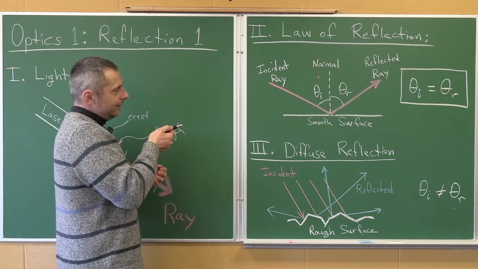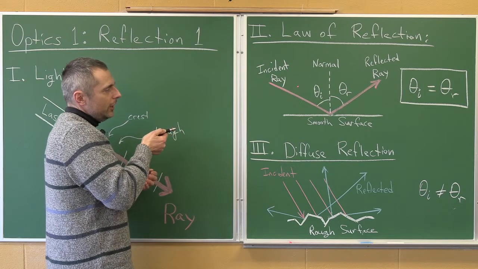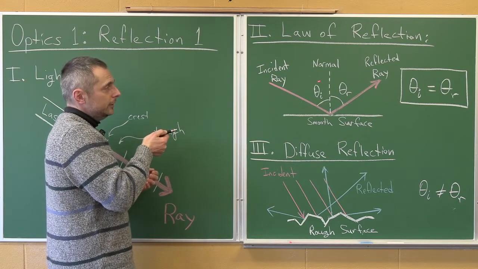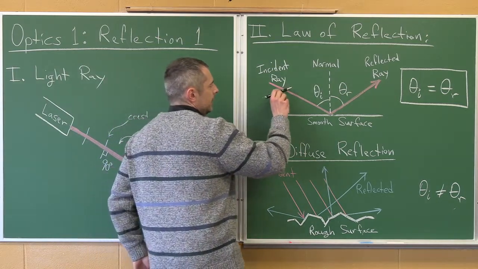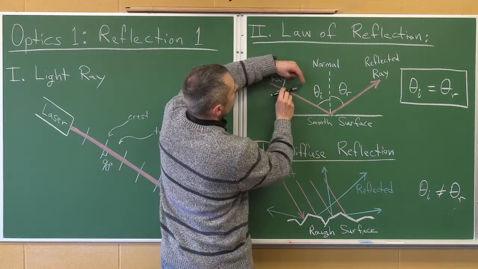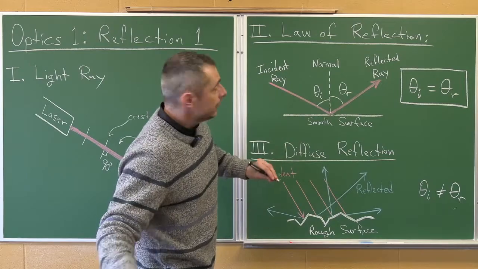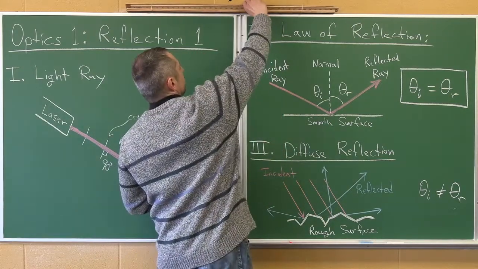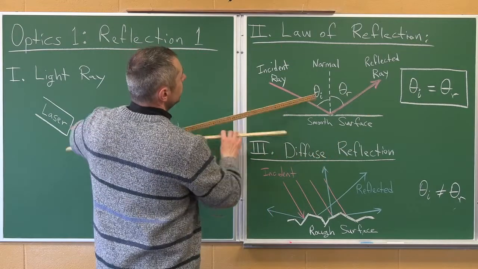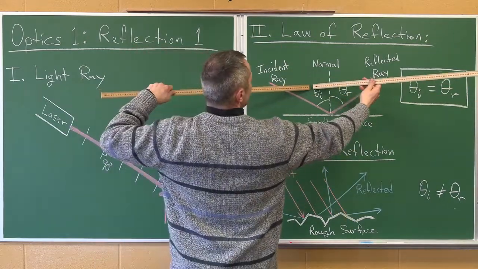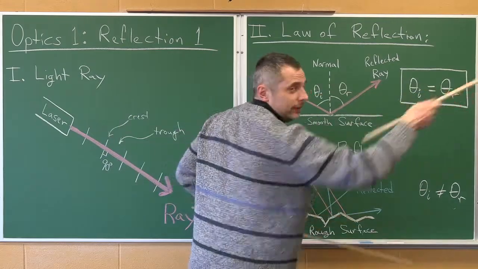That means that the light hitting this chalkboard is not following the law of reflection. Because if it followed the law of reflection, it would come in, hit like this, and then bounce off. Well, maybe I'll do the couple meter sticks. It comes in like this, and then it should bounce off like this and head over and hit the wall over there.